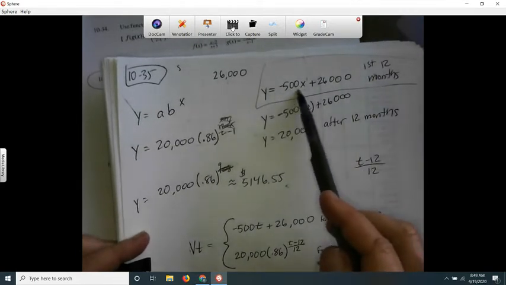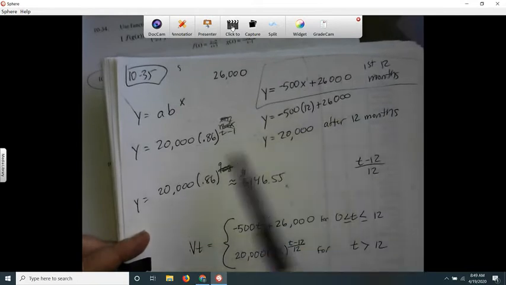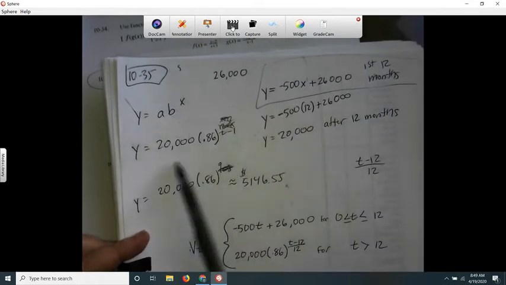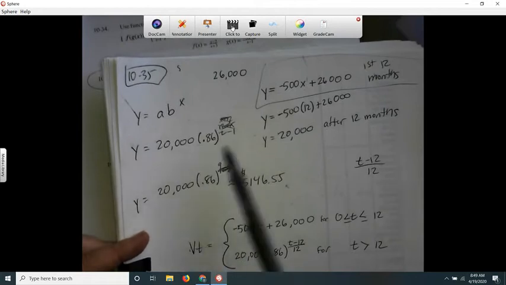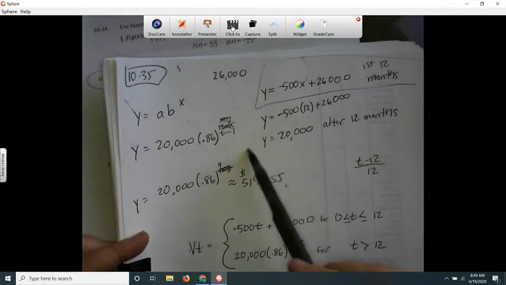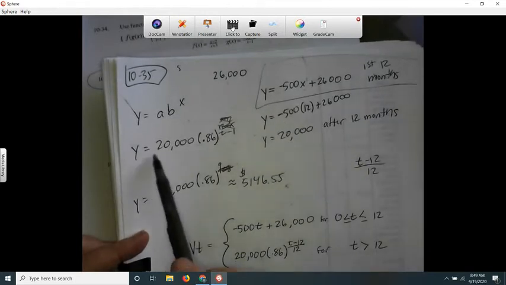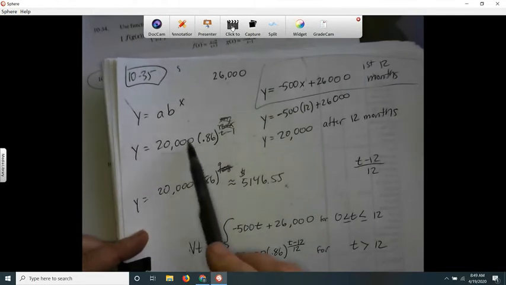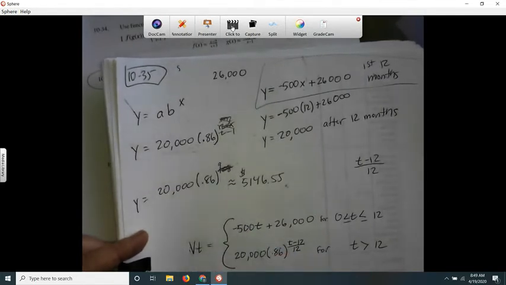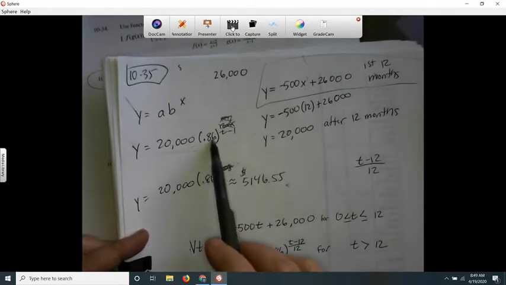So I had to plug in 12 here to find out how much the car is going to be worth when we start our exponential decay. So after 12 months, my starting value of the car on the 13th month is $20,000. So that's where that came from.